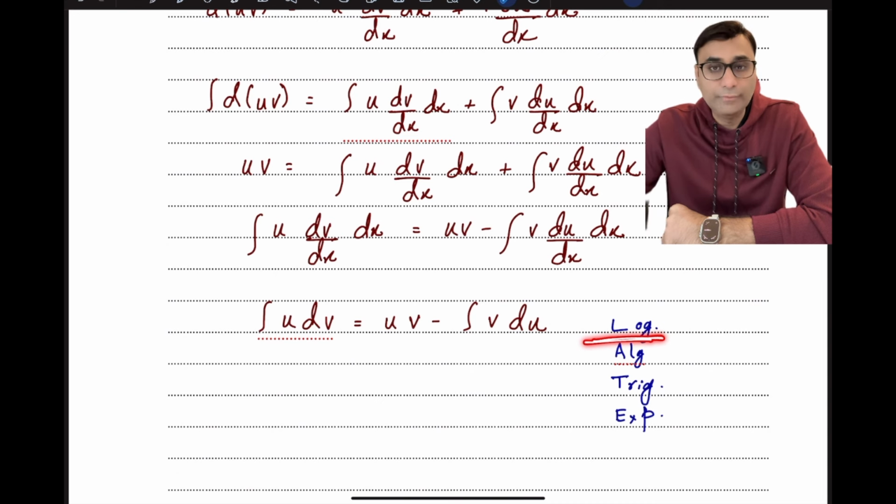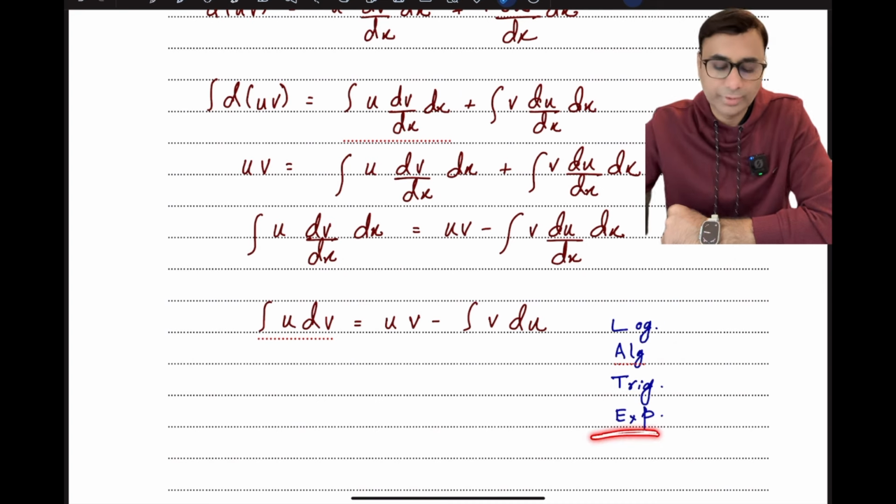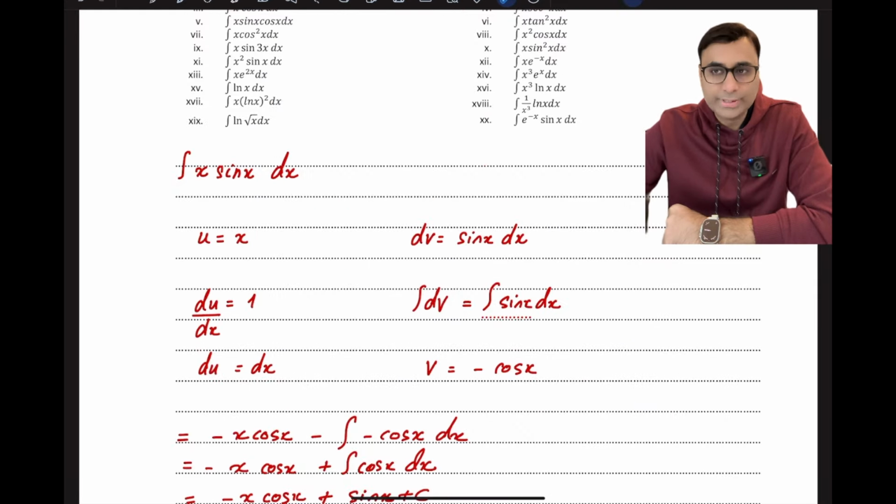If there's no log function, then your next preference is an algebraic function like x square or x cube or anything of that type. And if you don't have a log or algebraic, then obviously your preference order is going to be trigonometric. And if you have none of these, then your preference for u is going to be the exponential function. Now let's see a few examples.